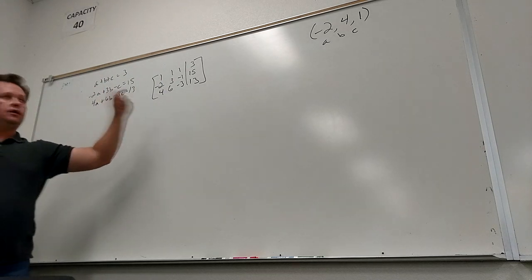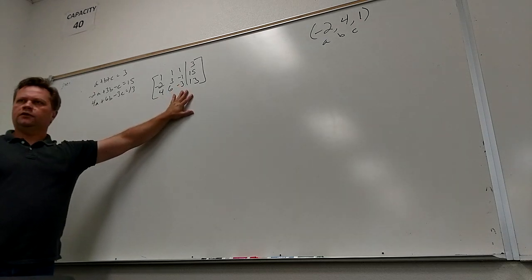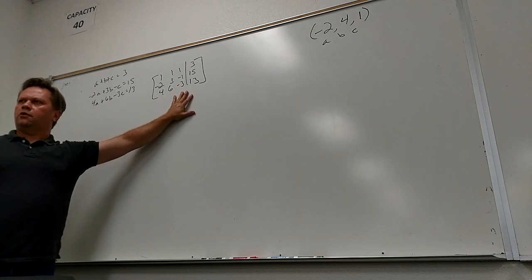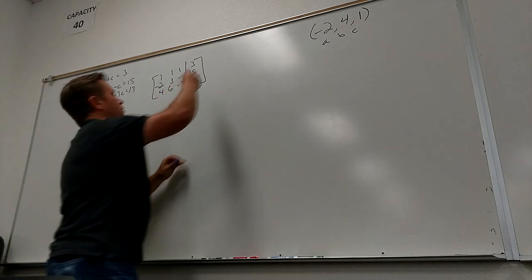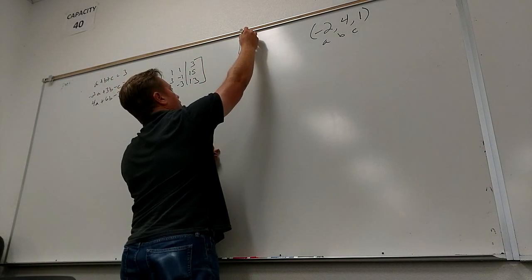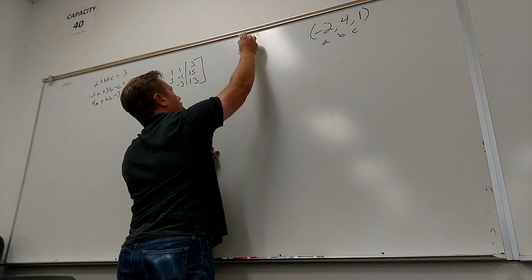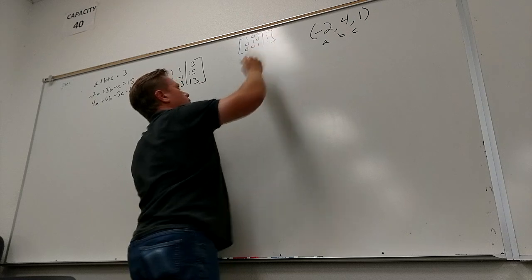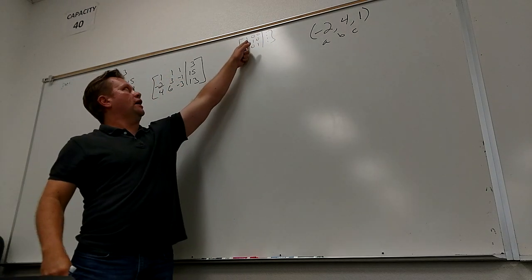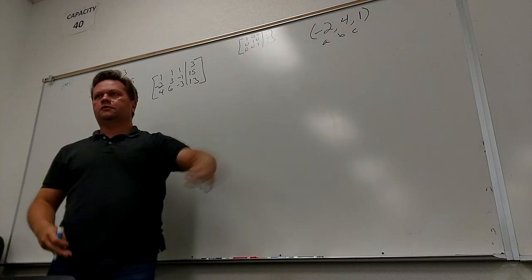Here, what do I want to have happen? I want zeros. And we can be a little more specific: my goal is 1, 0, and then just numbers here, because then I would know A equals, B equals, C equals.